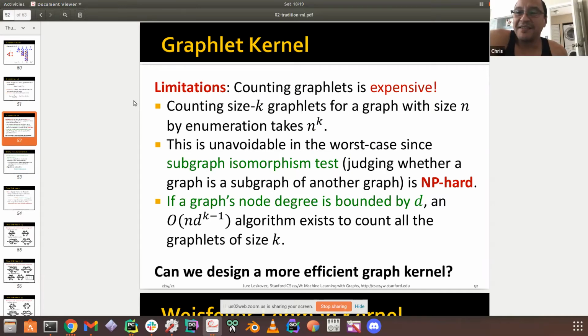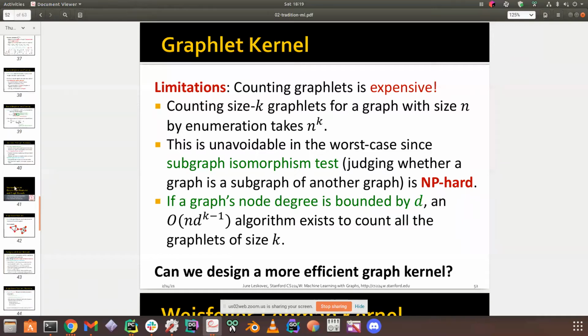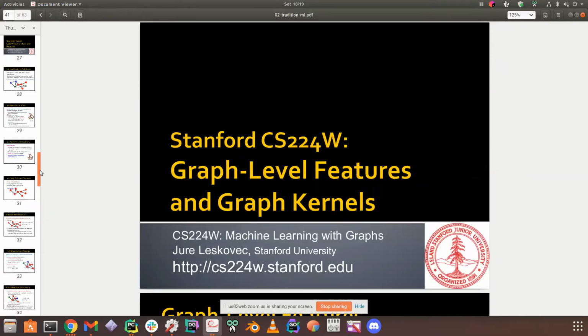That's the slide. Yes, the NP. So I think it's because if you look back at the graph when he's explaining what graphlets are, he shows a bunch of different graphlets as you go from 1 node to 2 nodes to 3 nodes to 4 nodes.